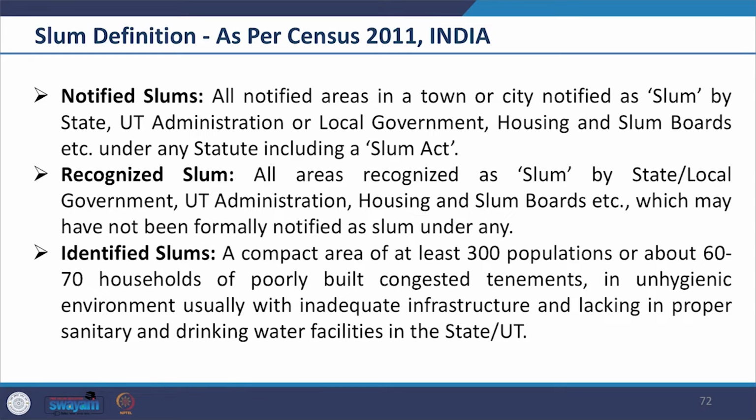So if the services are not there, they would be identified as slum. We have been seeing housing issues in our country, such as all PMAY projects and others. The Housing for All 2022 program uses the same Census of India classification as well as the NSSO classification.